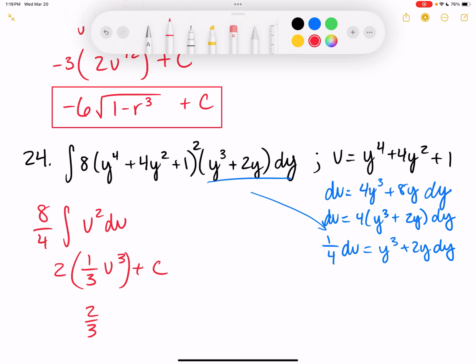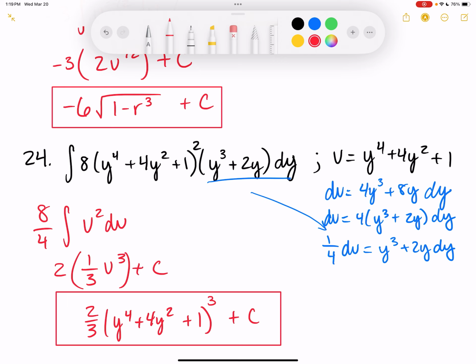I'm going to rewrite u as y to the 4th plus 4y squared plus 1. That whole piece is being cubed, plus c. It still would have worked with my typo.